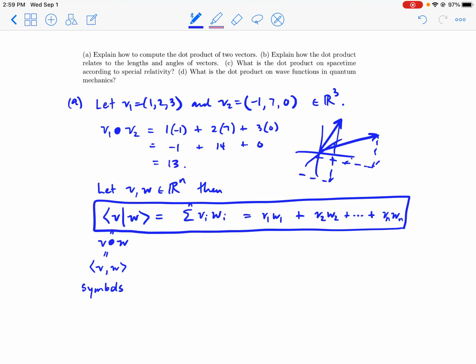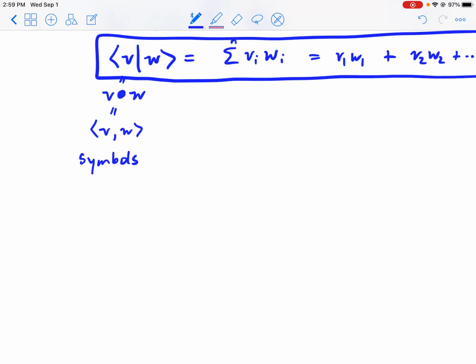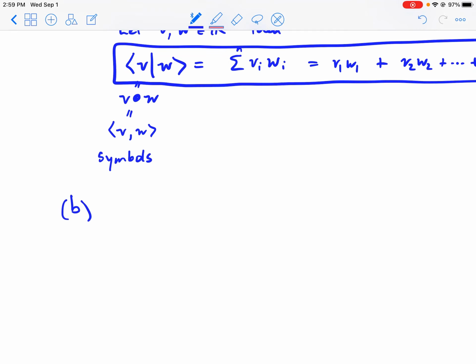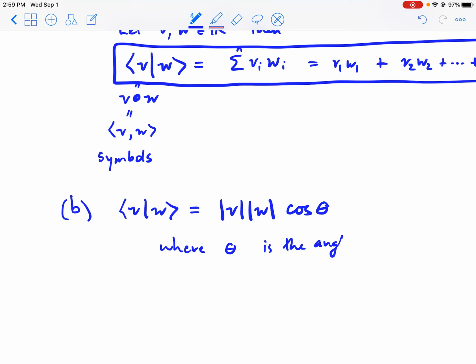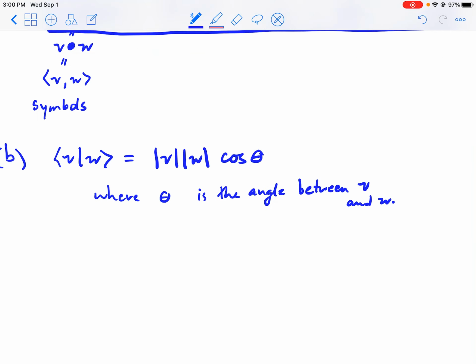Okay. And then B, explain how the dot product relates to lengths and angles. Okay, so V dot product W is equal to the length of V times the length of W times the cosine of the angle between them, where theta is the angle between V and W. And what else is in this formula?